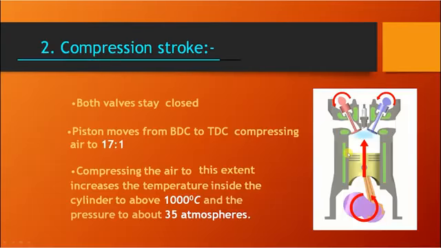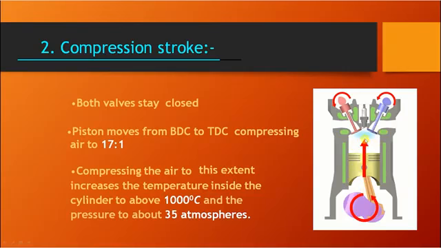The next stroke is the compression stroke, during which both the valves are closed. After the completion of intaking of air, the intake valve is closed, due to which the piston moves upwards.